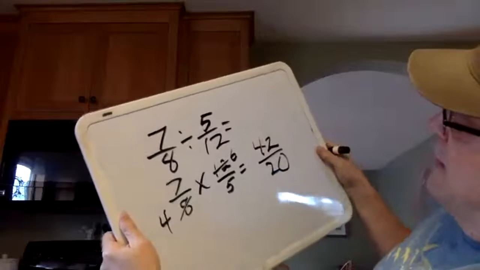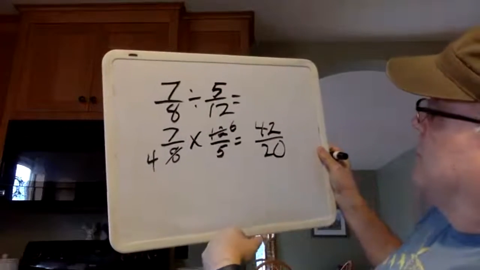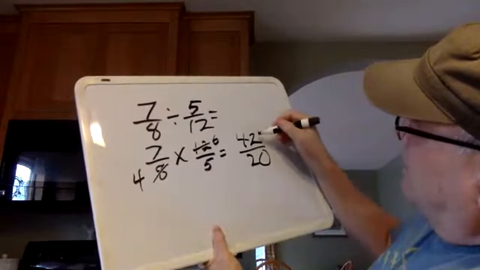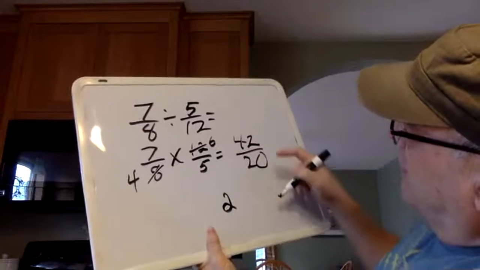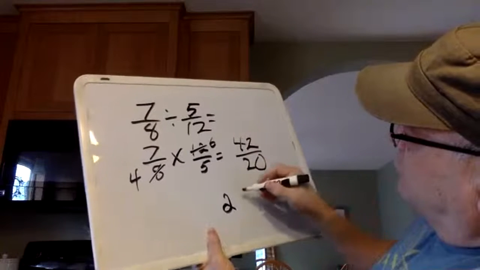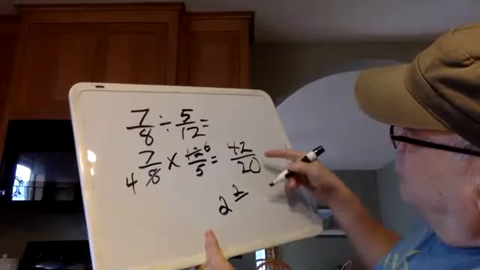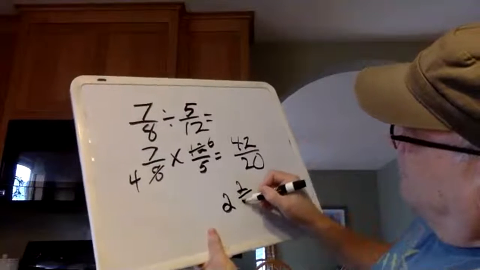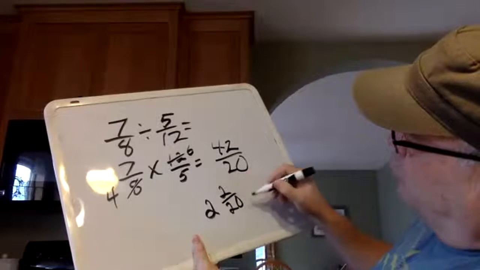Now, looking at that, I can tell that's an improper fraction, so I'm going to need to do something about it. So I'm going to divide the 20 into 42 and get 2 whole ones. And how much is left over after you do that? 2 over the denominator of 20. 2 and 2/20.